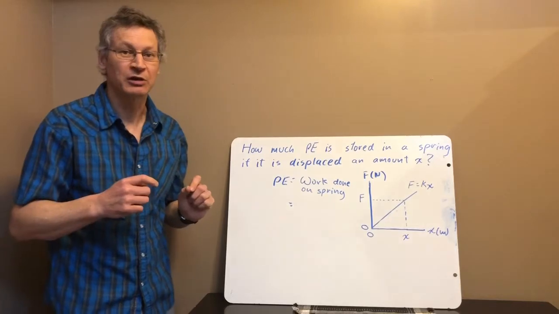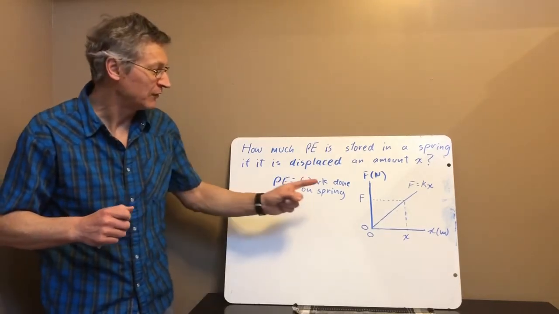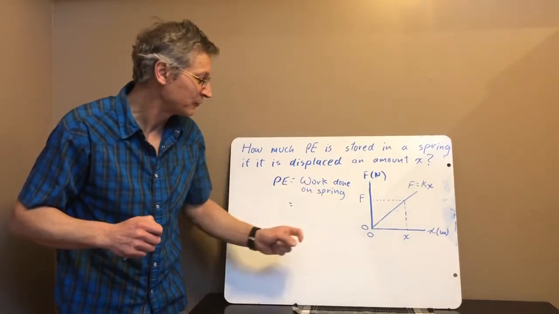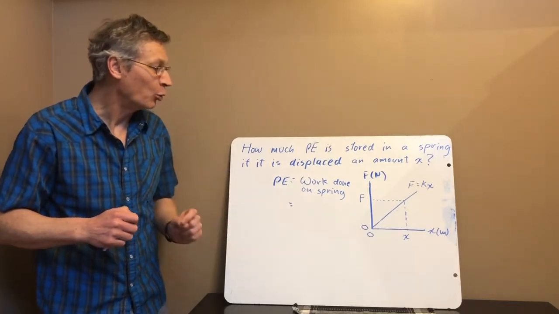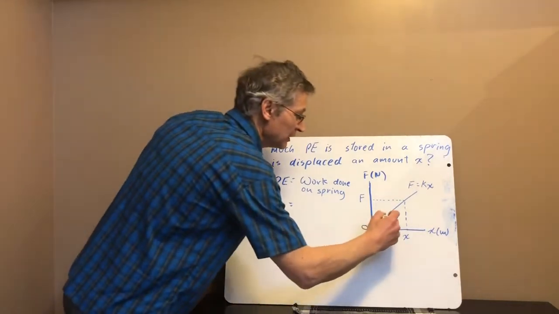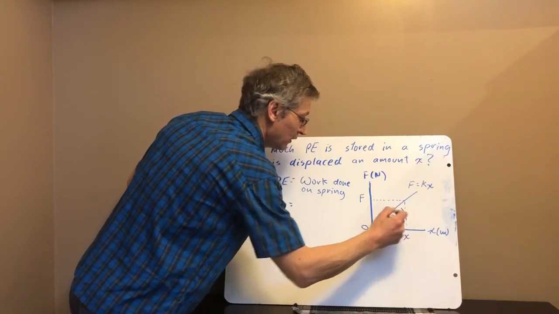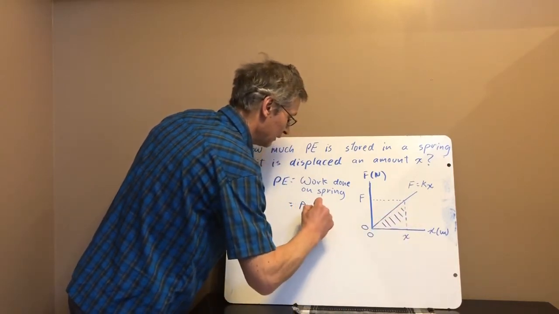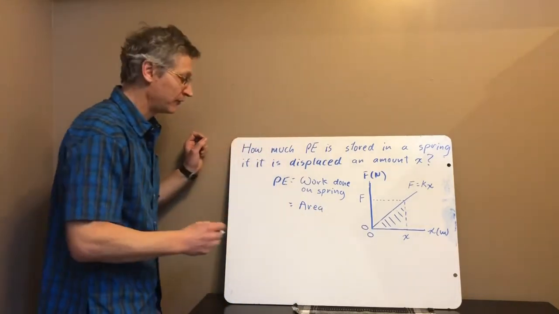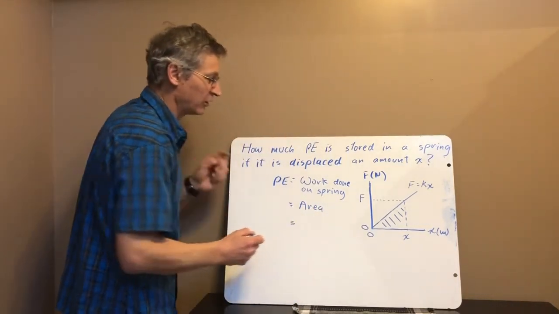How much work is done on the spring? Well, you got to remember, if you have an F-X graph, the work done is equal to the area underneath the graph.